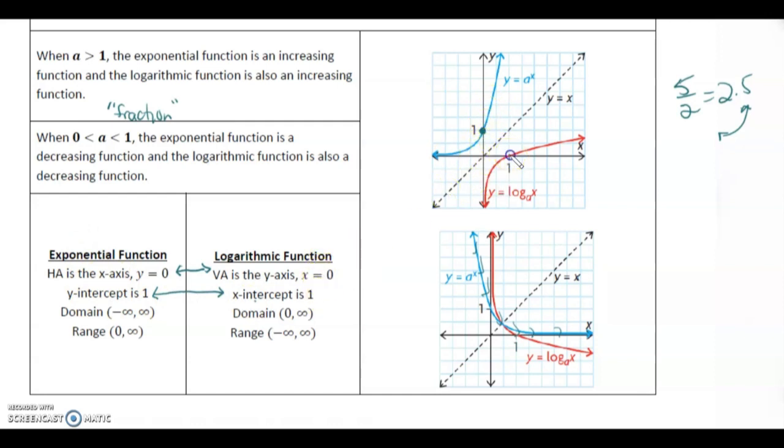The logarithmic function has an x-intercept of 1. That totally makes sense because a y-intercept of 1 is (0, 1), and when we find the inverse, it'd be (1, 0). So that makes sense. Okay? And also remember, these are inverses, so the domain of the original is now the range of the inverse, and the range of the original is now the domain of the inverse.